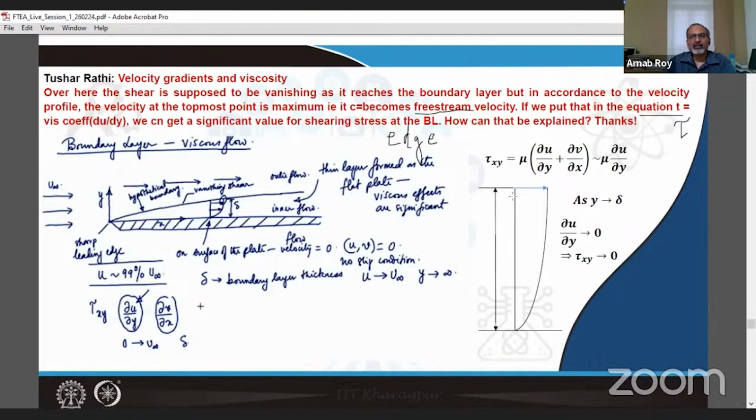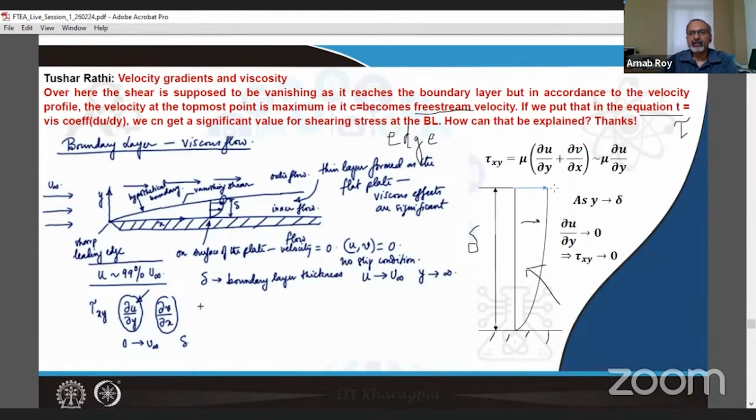Now, the point that we are trying to make is that, let's say we make a velocity profile like this to indicate the boundary layer. So this is basically the delta, the thickness of the boundary layer. This is the wall along which the flow is moving. And this is essentially the velocity profile within the boundary layer.